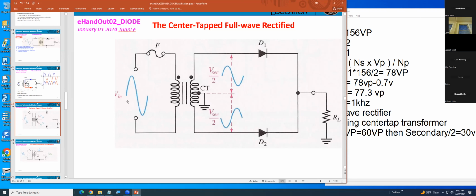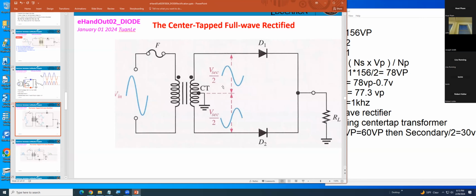Okay, that's what we say. If you get 60 volt peak, then this one will be 30 volt, and that will be 30 volt. How come that happened? Because of the center tap transformer. Yeah, they divide by 2.